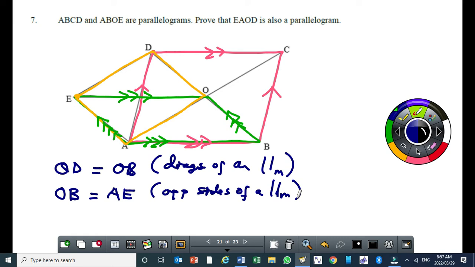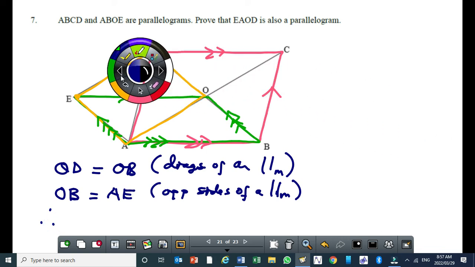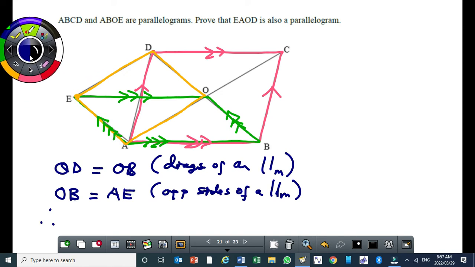Are you following that? Then we can now come to a conclusion. Do you see that we have got OB here? We also have OB there. What that means is, we can conclude that therefore OD is equal to AE. Hey, can you pay attention?